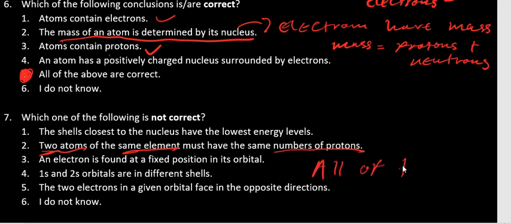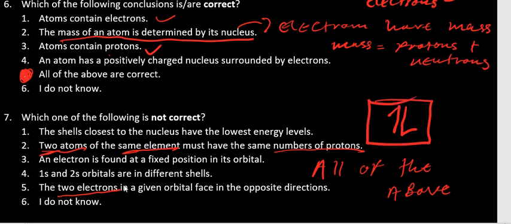All of the above. I'm sure that option was not there in this exam paper, but the answer is simply all of the above, because this is true. Two electrons in an orbital normally stay like that, in opposite directions. And the shell closest to the nucleus has the lowest energy level.